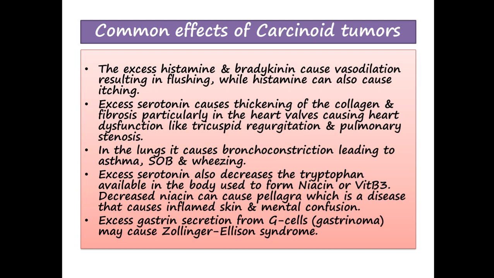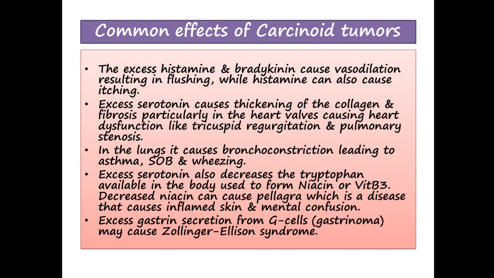Now, the excess serotonin will cause activation of the fibroblasts and collagen synthesis, and it will lead to thickening, particularly in the heart valves, and that can lead to heart dysfunction. For example, if the tricuspid valve becomes thickened and rigid, it may result in tricuspid regurgitation.